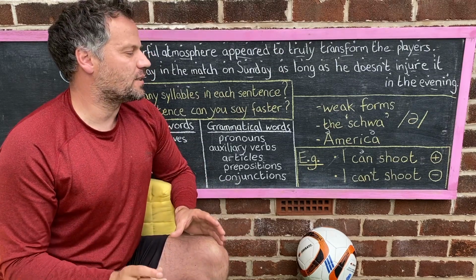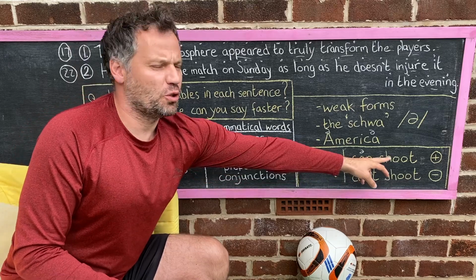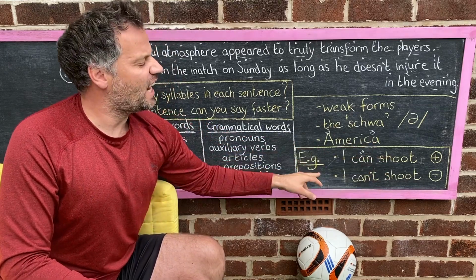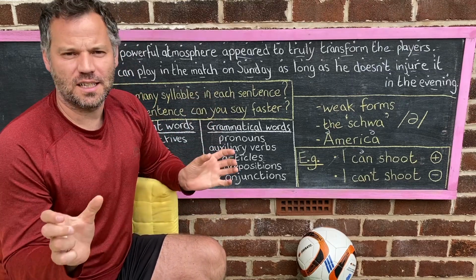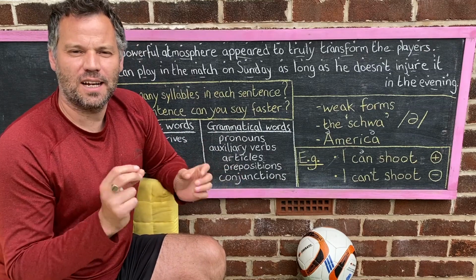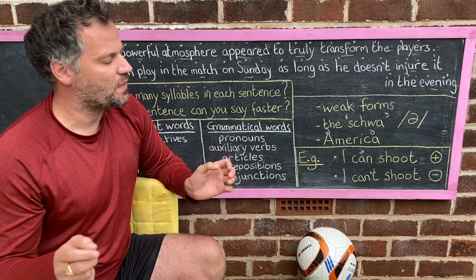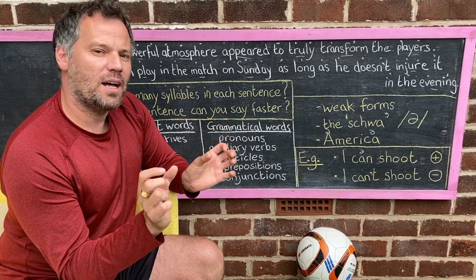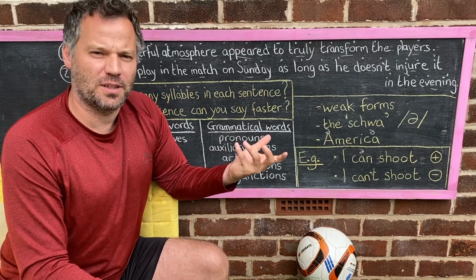And this means that it's a big difference between I can shoot and I can't shoot. So in British English, we say I can't for the negative. In American, it would be more like I can't shoot, but it's a longer vowel sound. It's much longer, so you can hear the difference.